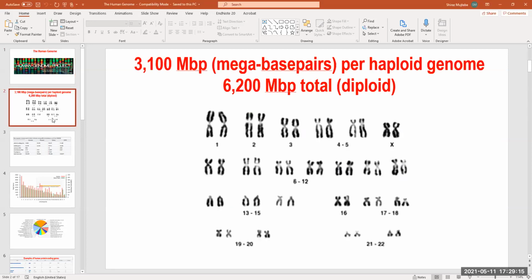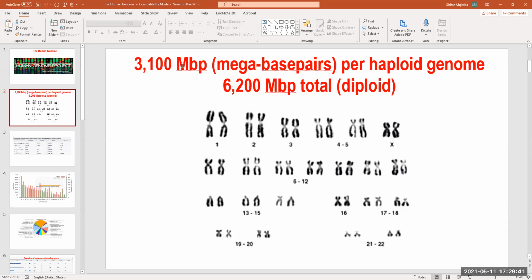I'm sure you know that we have 46 chromosomes, which are two sets of 23 chromosomes, 23 coming from each parent. These chromosomes are made up of DNA and proteins. The DNA part is composed of 3,100 mega base pairs.